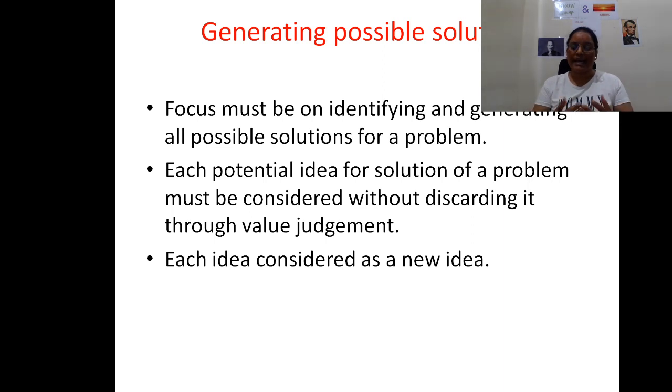We have to apply that particular idea, not only think about whether this solution is good for that problem or not. You have to apply it. After that, make the judgment. Each idea is considered a new idea.